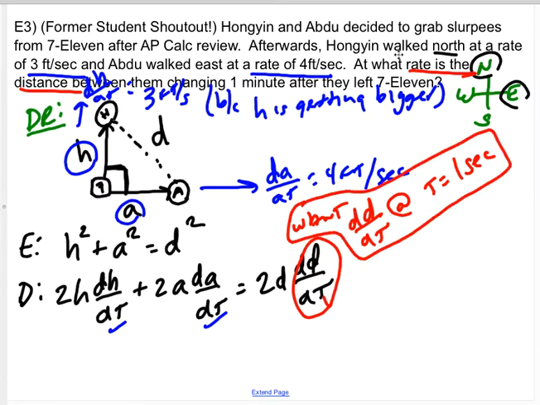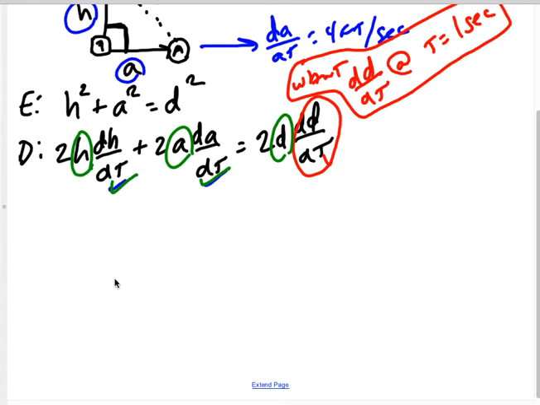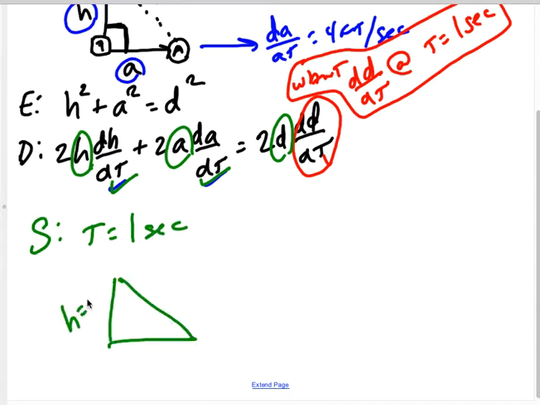So I know dH/dt and dA/dt, and I can find H and A and D 1 second after they start walking, because here's the idea. If t is 1 second, that means Hong Yin has been walking for 1 second, which means she's walked 3 feet, and Abdu's walked 4 feet. Because this is a Pythagorean triple, the distance is 5 feet, 3, 4, 5.